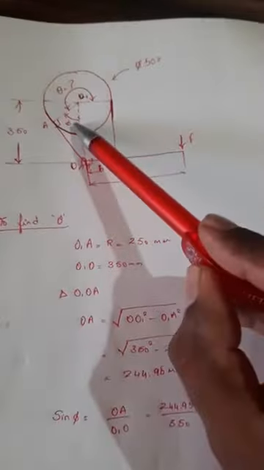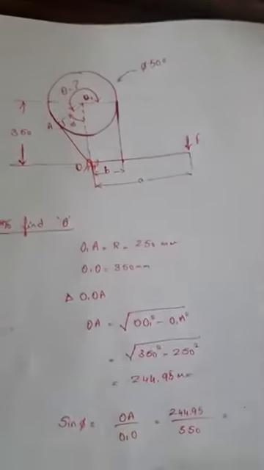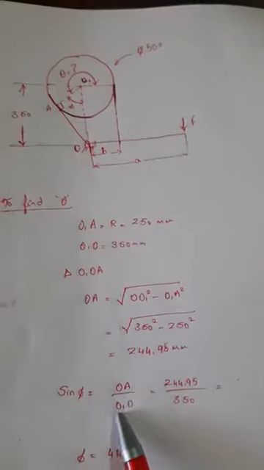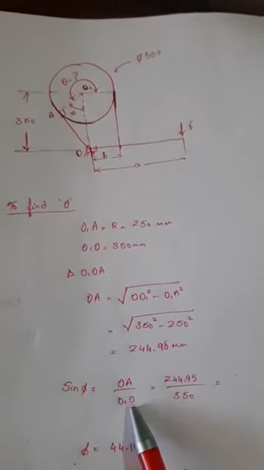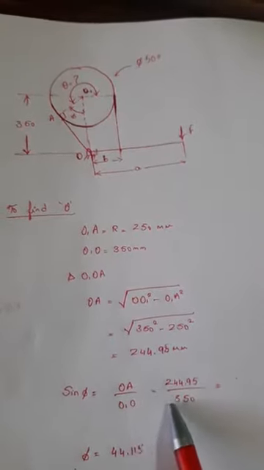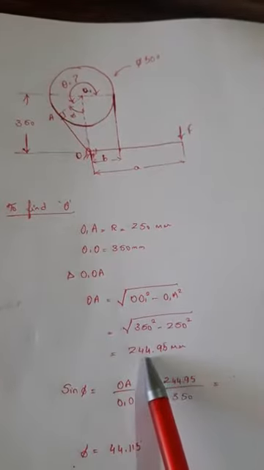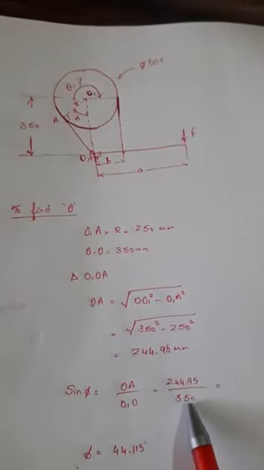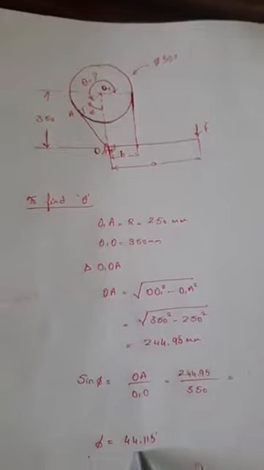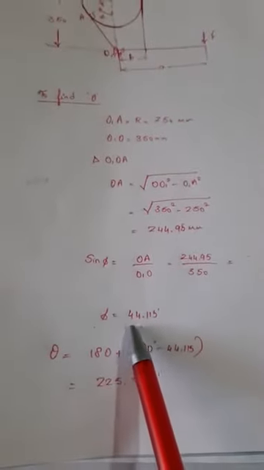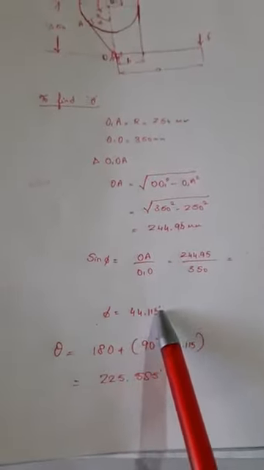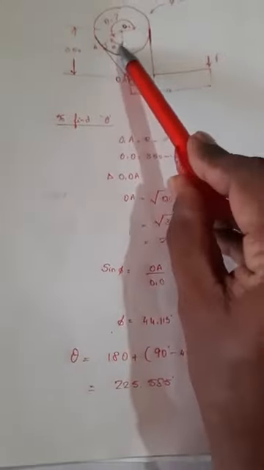Now you have to find the angle phi. Angle phi is OA upon O1O, opposite by hypotenuse. So OA is 244.95, which we just found, and the hypotenuse is 350, already given. Therefore we get the angle phi as 44.115 degrees.